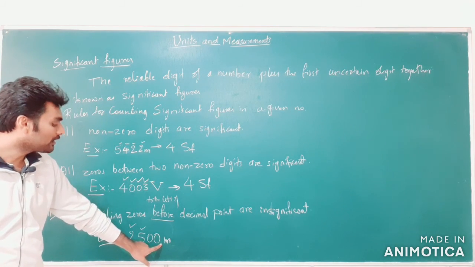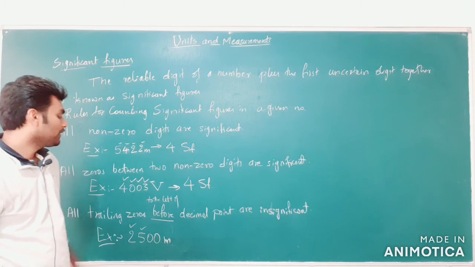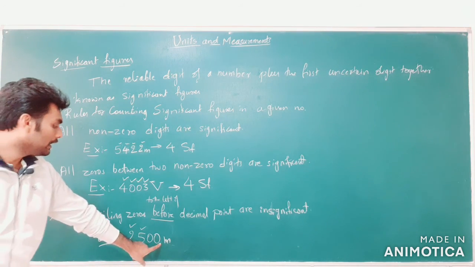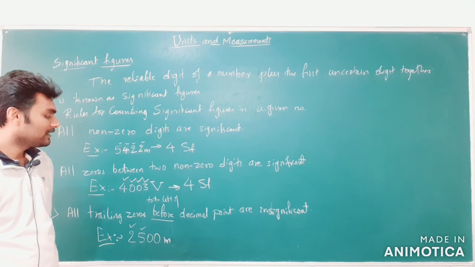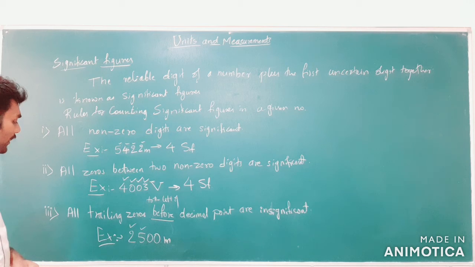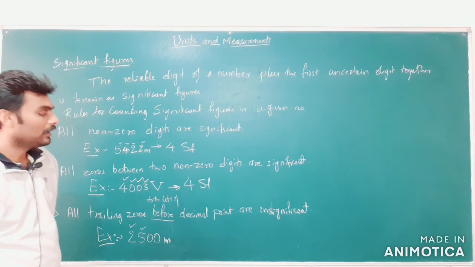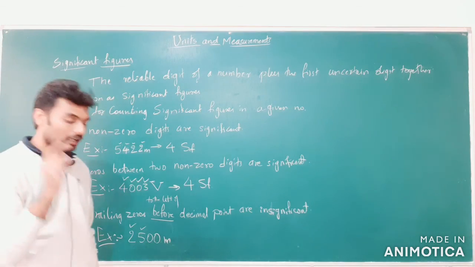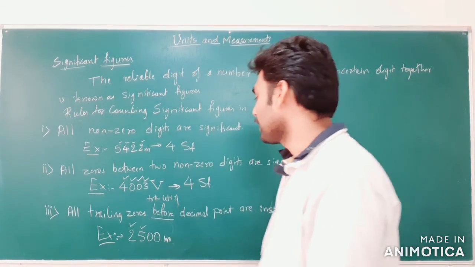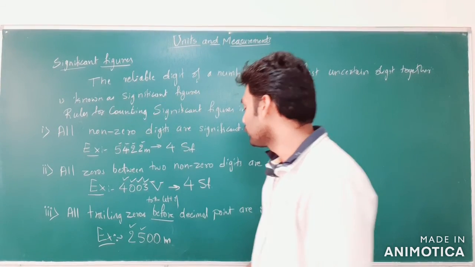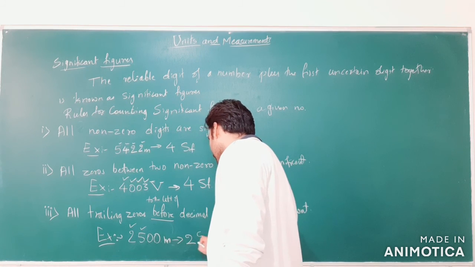This is where the number ends, and the zeros are to the left of the given value. So if this is the situation, then these two zeros are insignificant. They are not significant for this kind of measurement. So this value 2500 meters has only two significant figures.